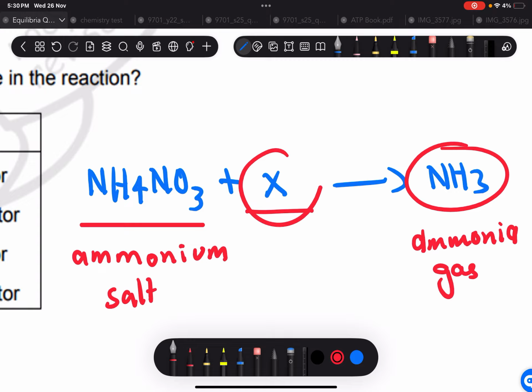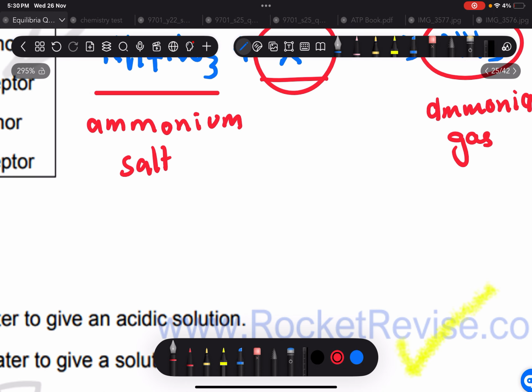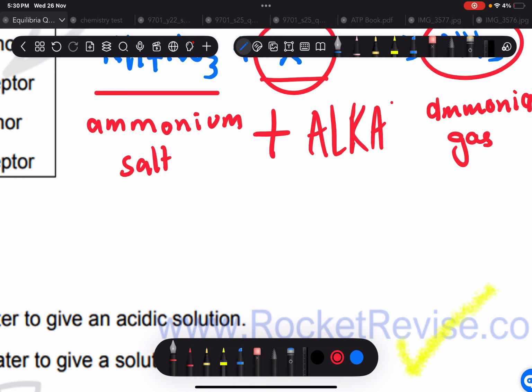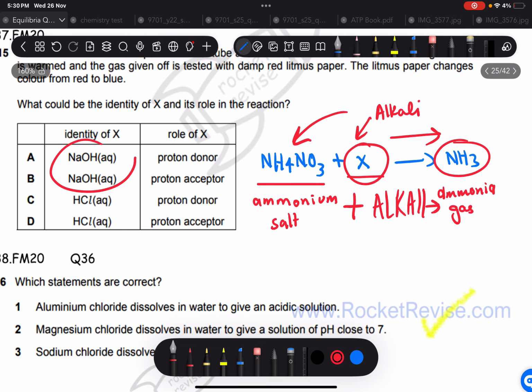Whenever you add an alkali to an ammonium salt, you produce ammonia gas. This is a very famous reaction: ammonium salt plus alkali gives you ammonia gas. So the identity of X is going to be an alkali.